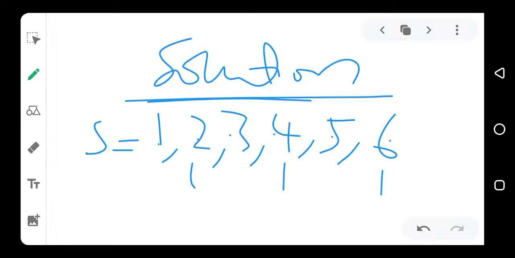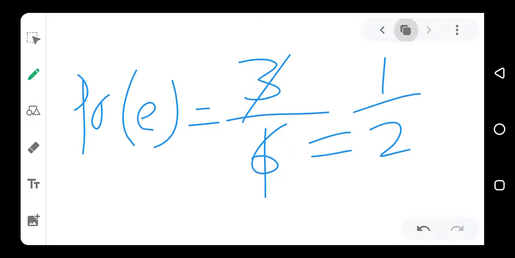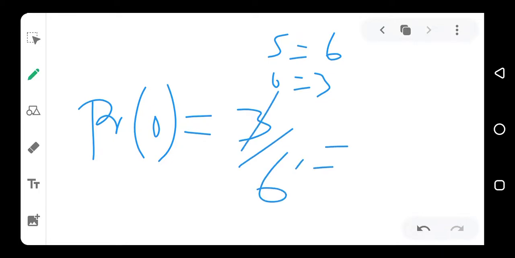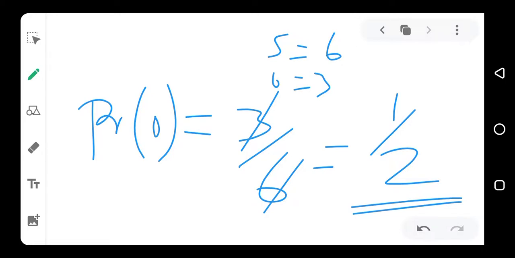So we have 3 odd numbers, and the total number in the sample space is 6. So the probability of getting an odd number is 3/6, which still gives us 1/2. This is how to get the probability of an odd number in this question.